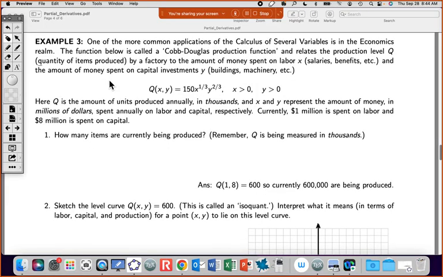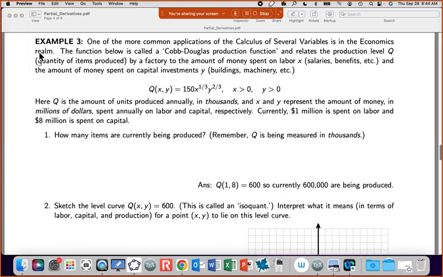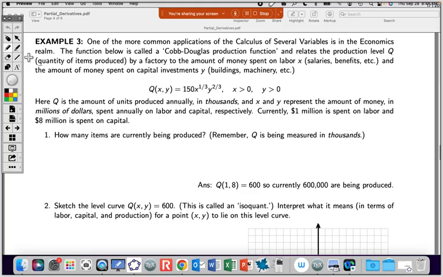So looking at some applications here, we always like looking at applications because remember derivatives in Calc 1, we just did this in Calc 1 last night. Derivatives represent an instantaneous rate of change. One of the most common applications of functions of several variables is a Cobb-Douglas production function. And so here's an example of one. X represents an amount of money invested in labor, so salaries and benefits and things like that.